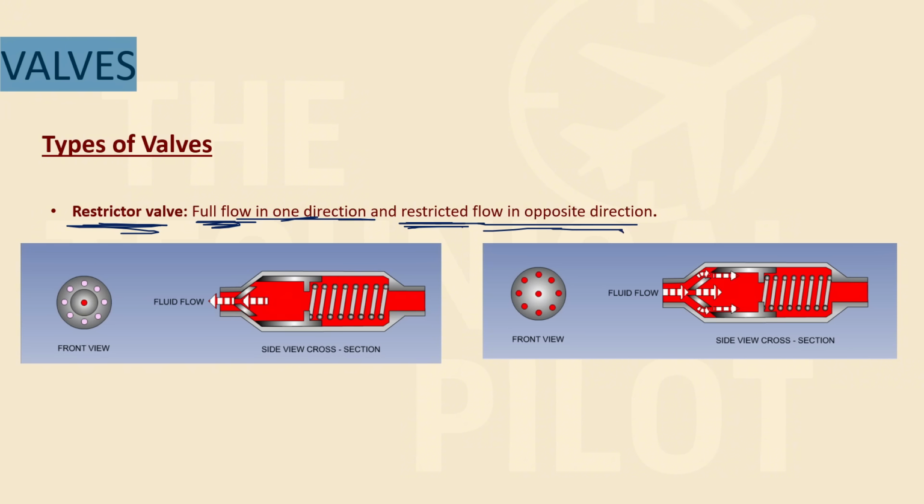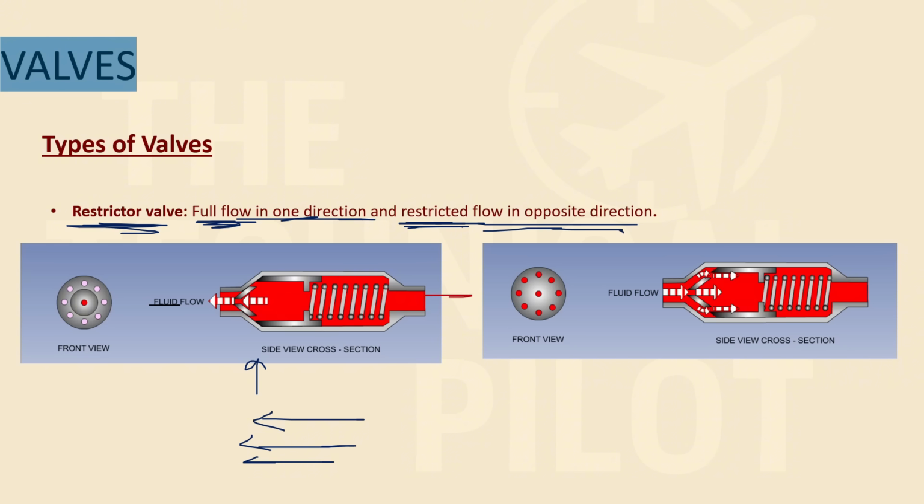So here, as you can see, the fluid that is flowing in this direction is being restricted by this particular opening. You only have one small opening here. If you look closely, you'll see there is just one hole from where the whole fluid is trying to escape. Why is it happening? Because there is a spring that is being moved forward.